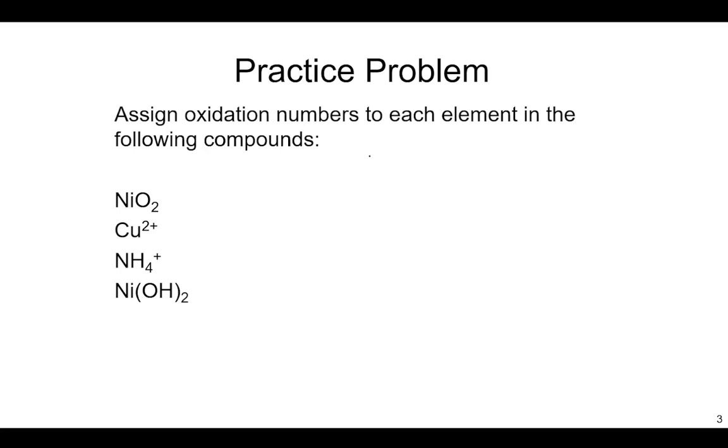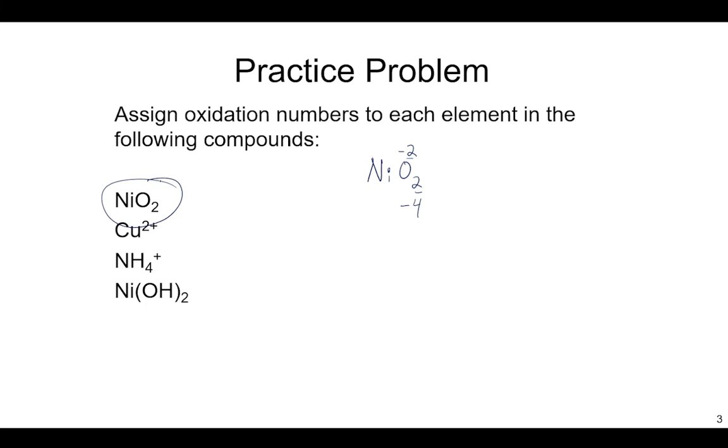Okay, so let's first look at nickel oxide. Now, nickel as a transition metal can have a lot of different oxidation states, but we know oxygen is -2 pretty much always, unless it's peroxide, H2O2. So oxygen's going to be -2. There are 2 oxygens there, so -4 total.